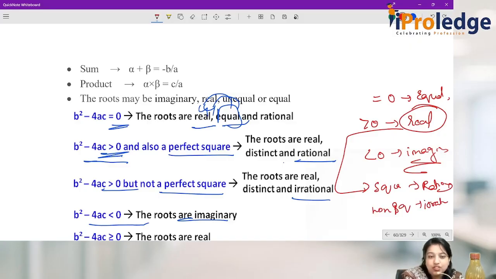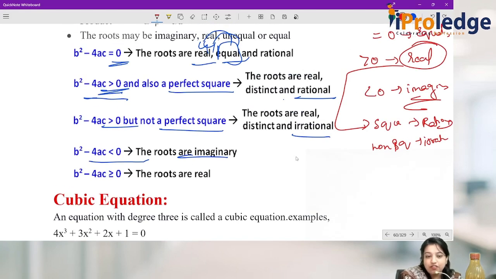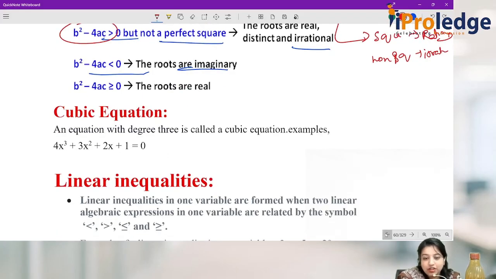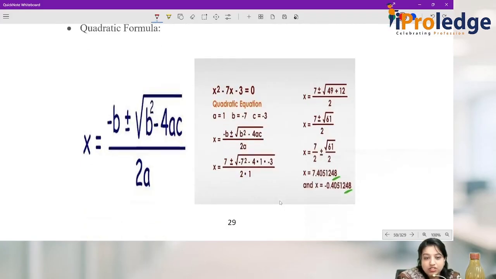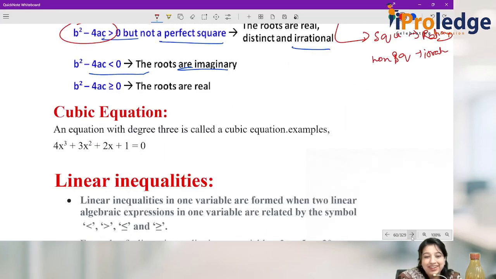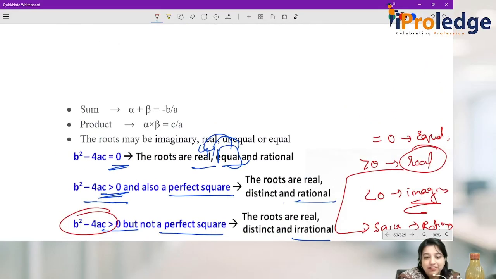And what is the formula to find the quadratic equation when roots are given?